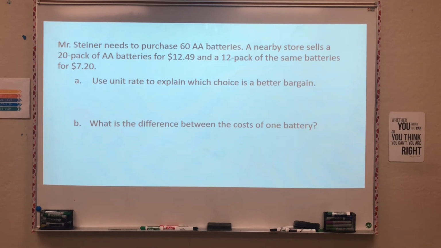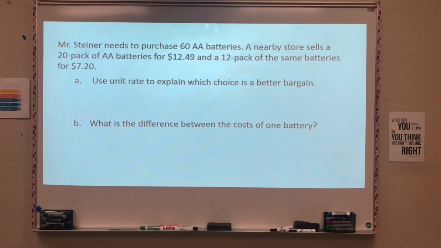For this here, you've got the 20 divided by 12.49. What does 20 represent? 20 batteries divided by dollars. So when you're dividing the batteries by the dollars, you're finding the number of batteries per dollar. Oh, okay.